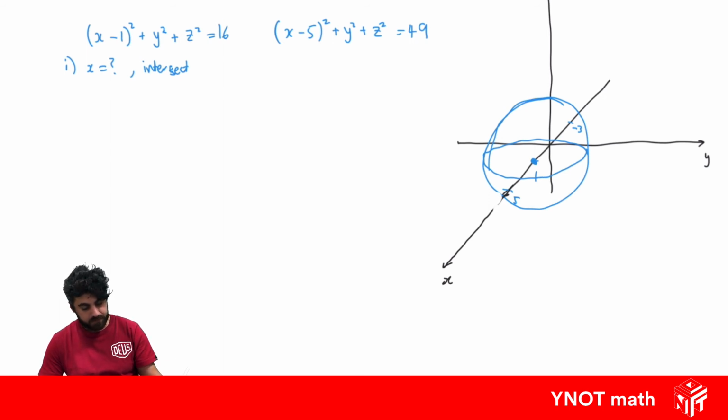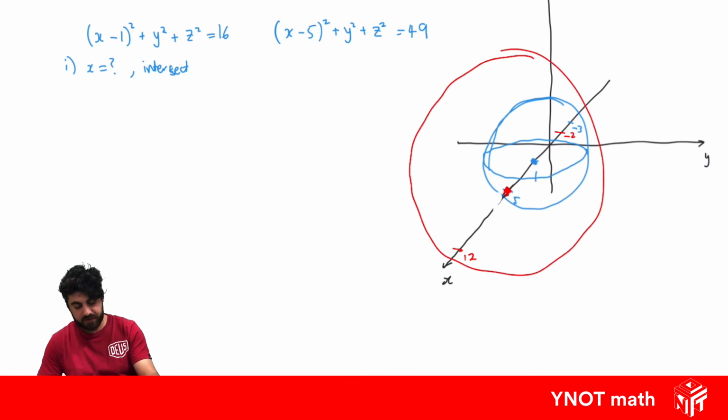It's going to be centered at this point (5, 0, 0) with a radius of 7, so it's going to go all the way out here to minus 2 and all the way out to 12. And we're going to get something like this for this sphere here, centered around this point at (5, 0, 0).